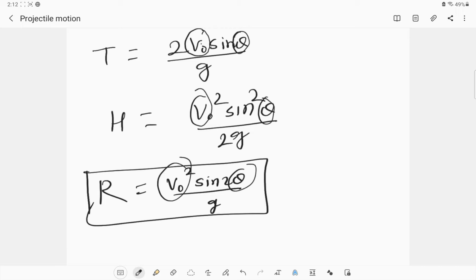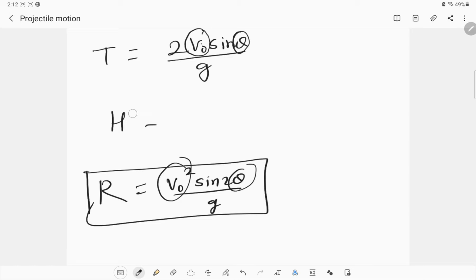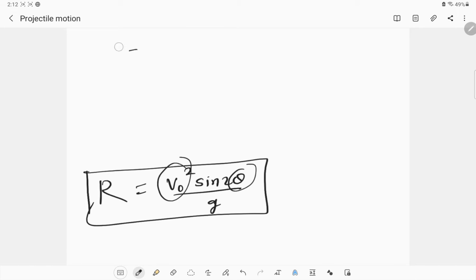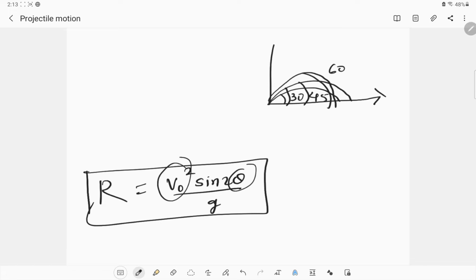Okay, so now let's find at what angle a projectile could have maximum range. Suppose that you throw a projectile with 30 degrees, you throw some with 45 degrees, and you throw some with 60 degrees.